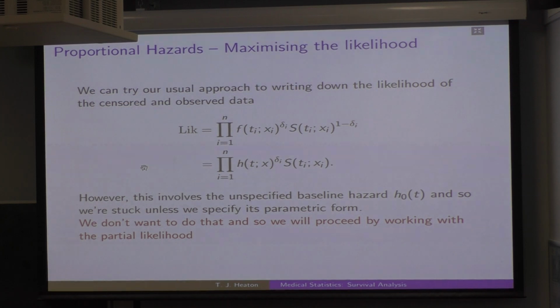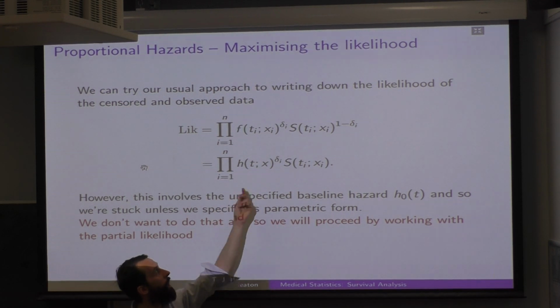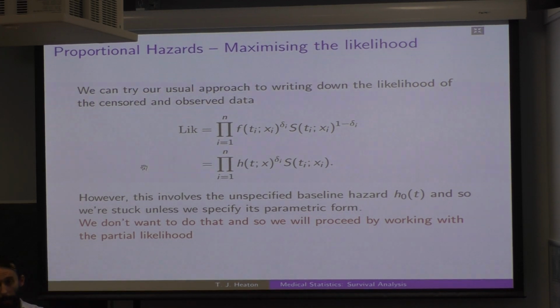So I'm going to be stuck using likelihood directly unless I specify exactly what my baseline hazard is, and I don't want to have to do that. So I can't use standard likelihood.